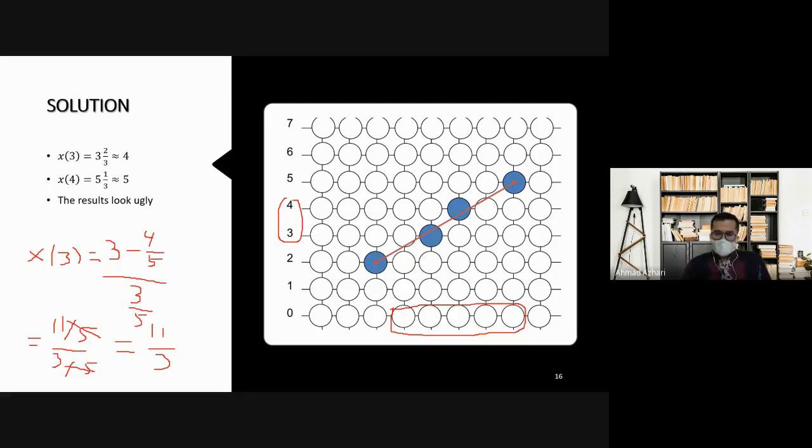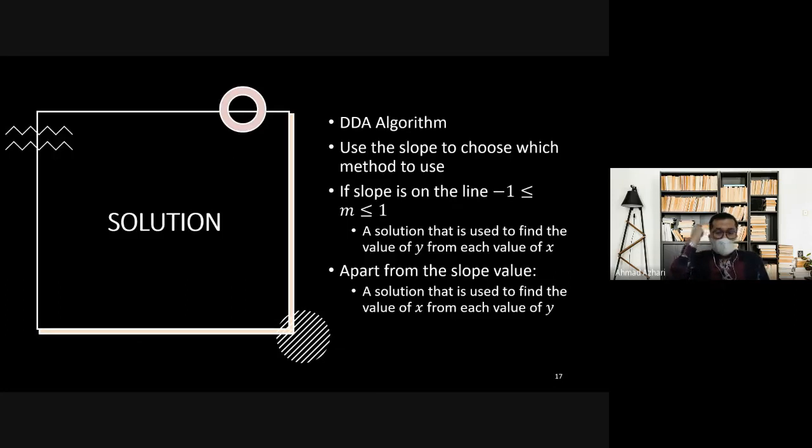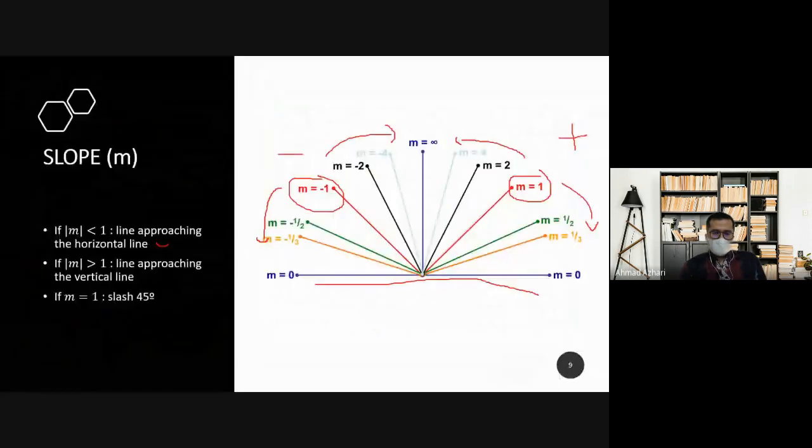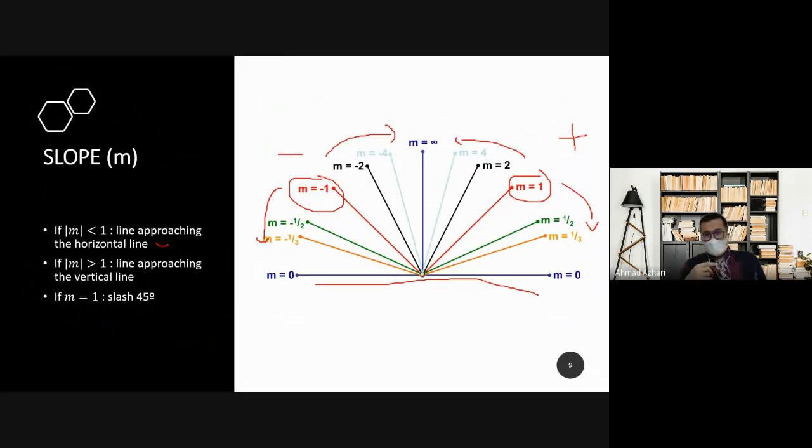For another solution, we have another algorithm that uses the slope, or m, as you can see on this slide. We already explained this page: when the slope m, minus or plus, is less than 1, it approaches a horizontal line, and more than 1 approaches a vertical line.